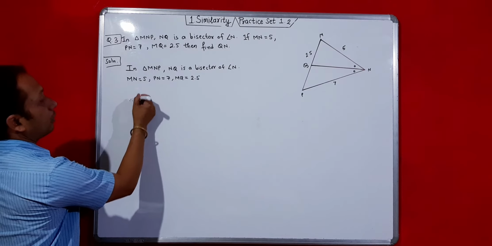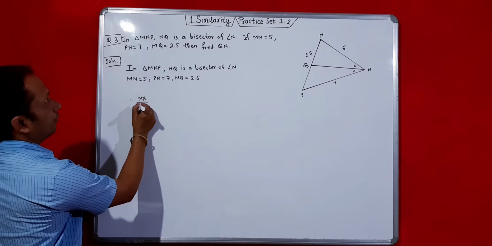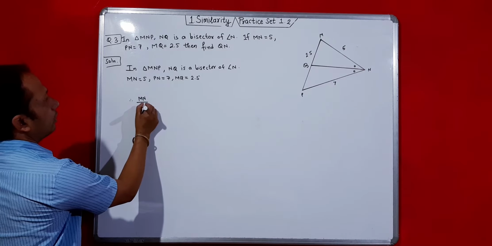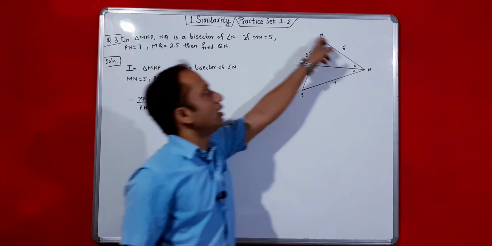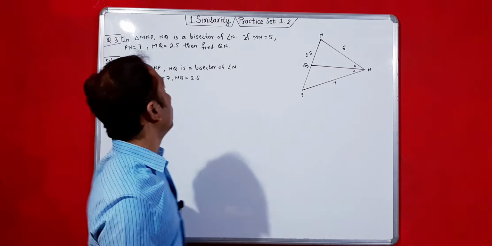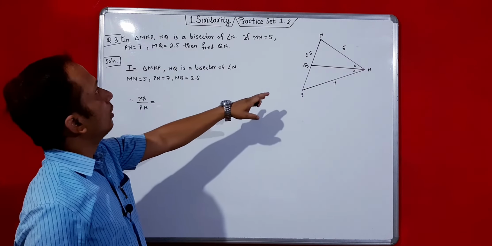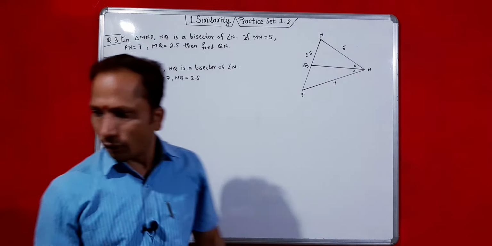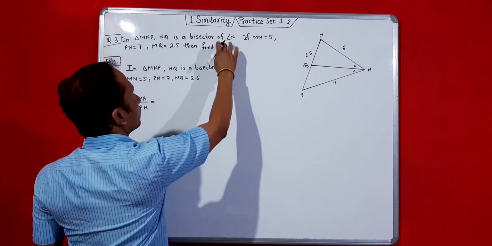Therefore by the property, MN upon PN is equal to, if I take MN first, then always take MQ, don't forget. MQ upon QP. We have to find QP, not QN.